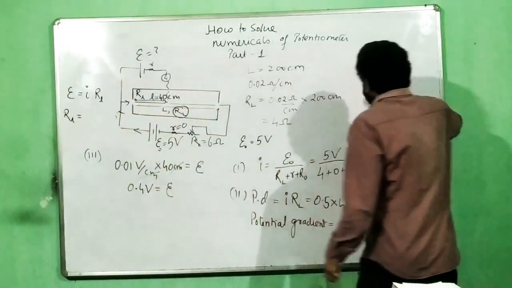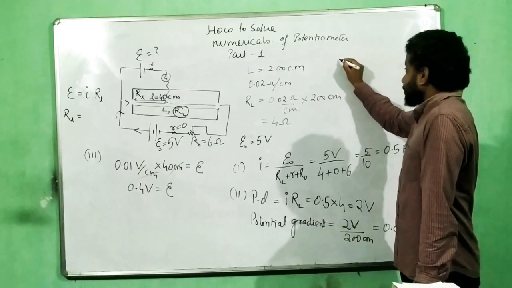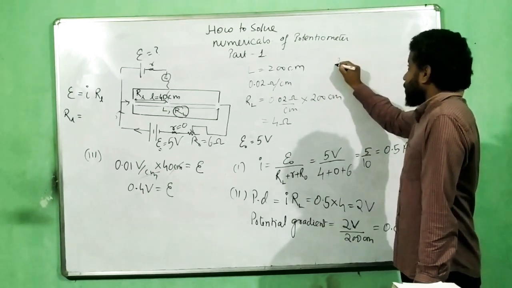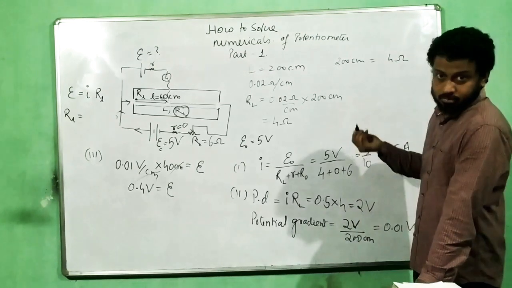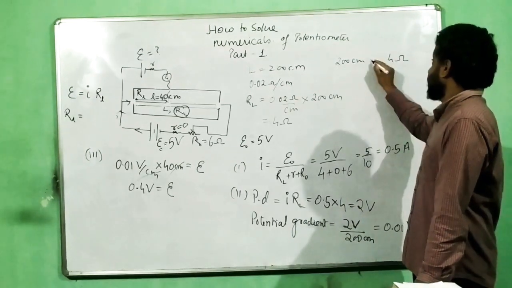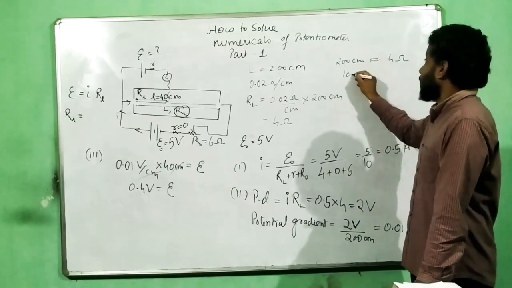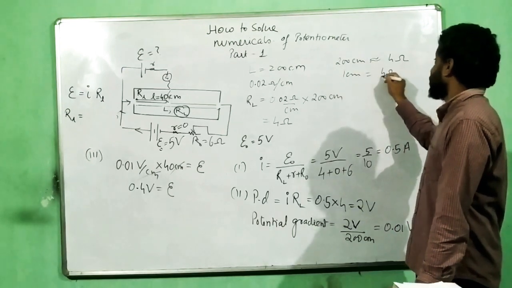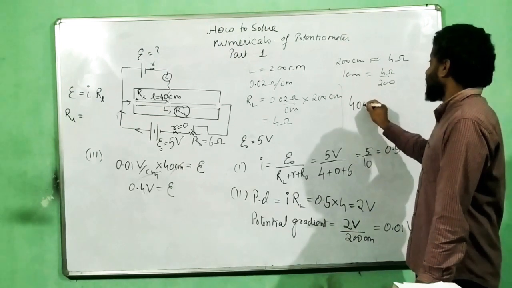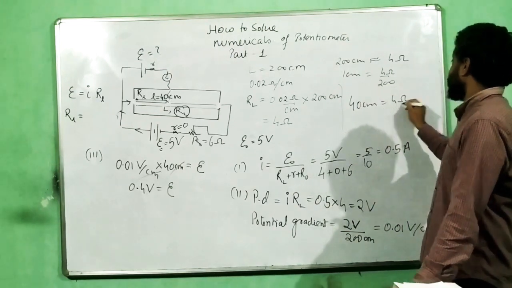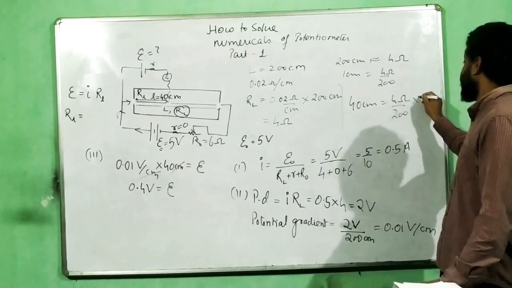It's better you understand the unitary method here. 200 centimeter is equal to 4 ohm. So 1 centimeter is equal to 4 ohm by 200. Therefore, 40 centimeter will be equal to 4 ohm by 200 multiplied by 40.